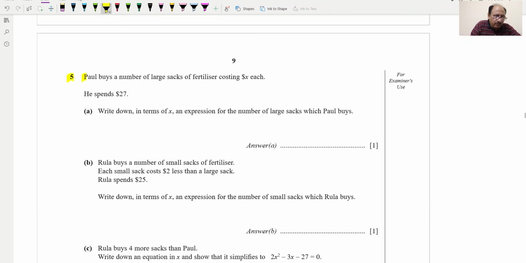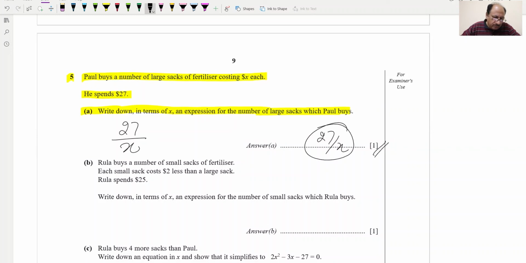Question number 5 says Paul buys a number of large sacks of fertilizer costing x dollars each. He spends 27. Write down, in terms of x, an expression for the number of large sacks which Paul buys. So 27 dollars he spent on x-dollar sacks. So 27 over x will be our answer for this 1-mark part.